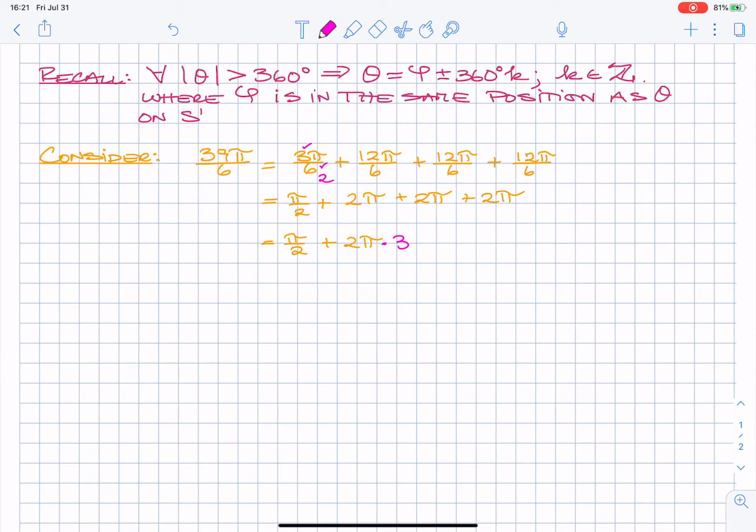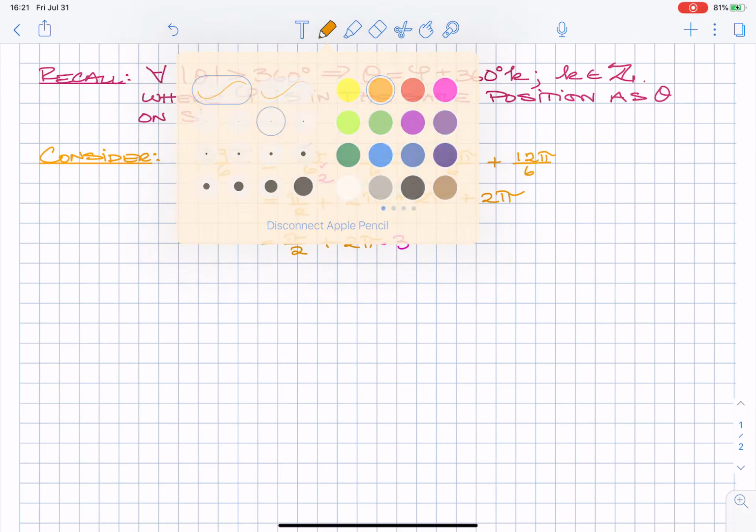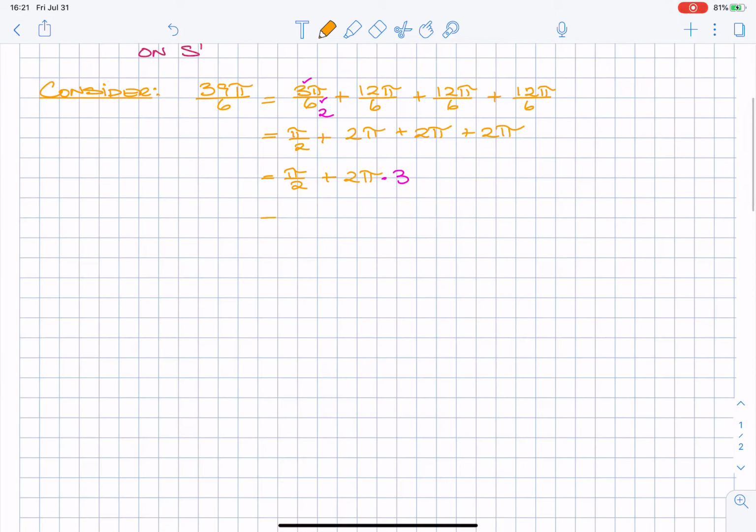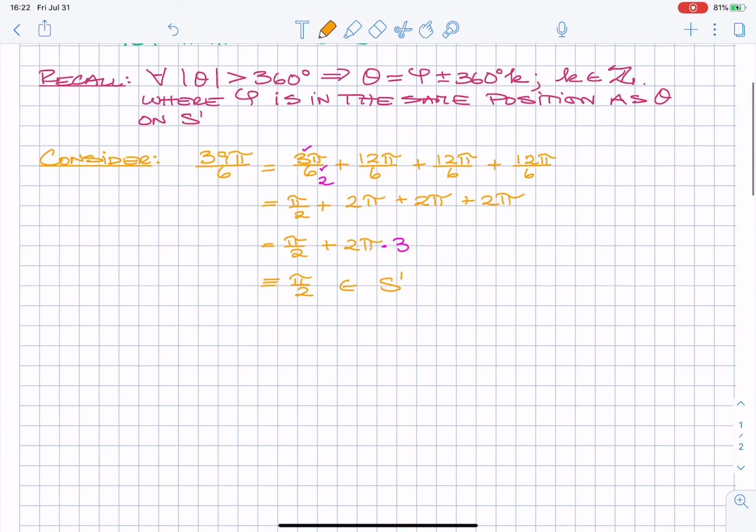That's the k in this case. So 39 pi over 6 is equivalent to pi over 2 on the unit circle, because really it's pi over 2 and I go full circle 3 times beyond that.